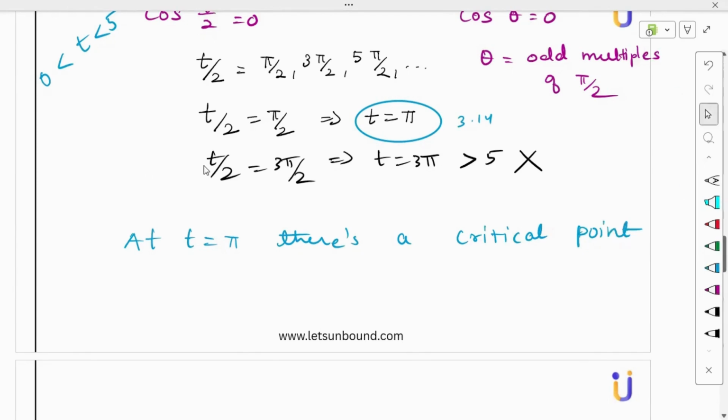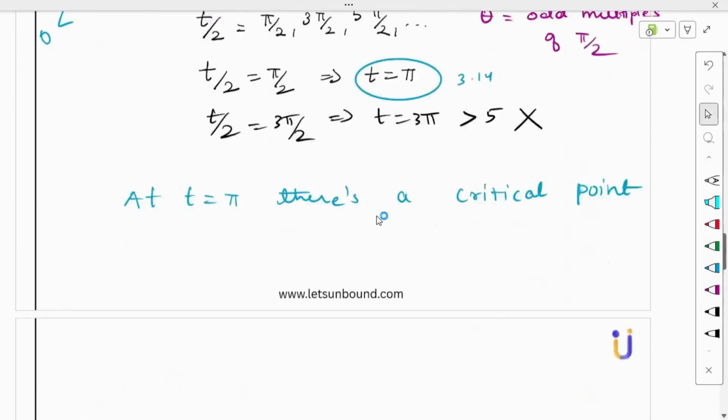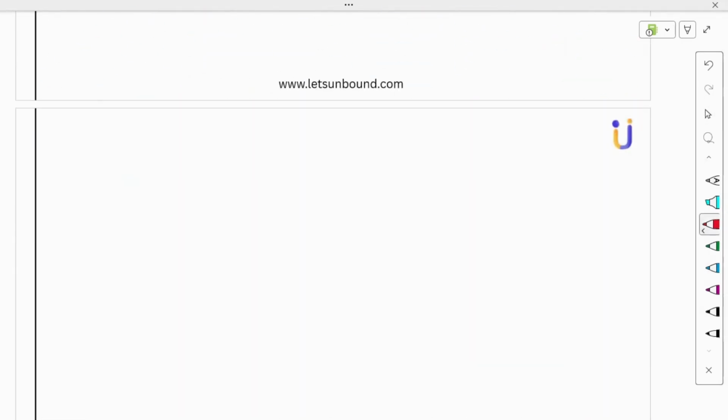Now, whether it's a relative minimum or maximum. For relative minimum or maximum, we use a sign diagram around the critical point. At pi, the critical point, you check the sign. Positive means it's increasing, negative means decreasing. So if it goes positive then negative, it's a maximum.